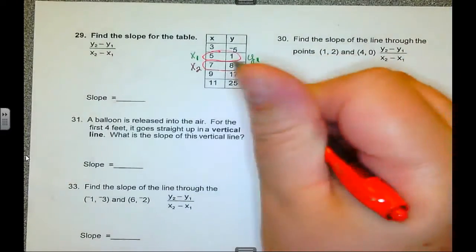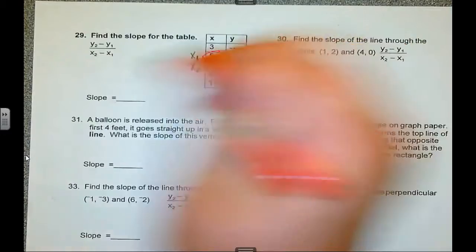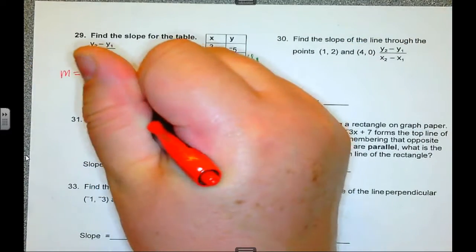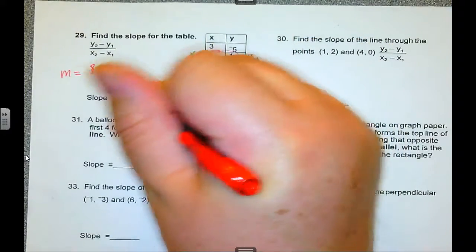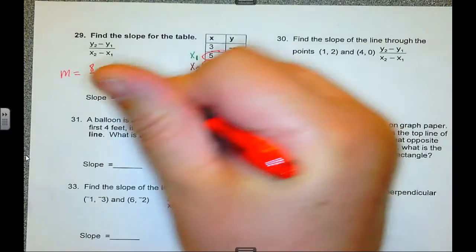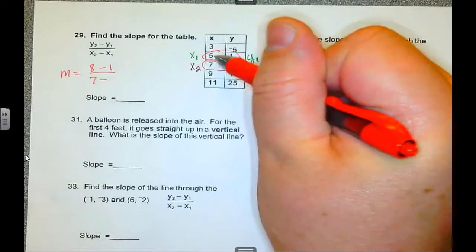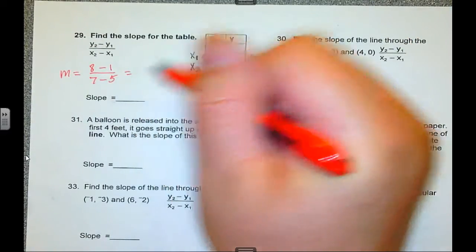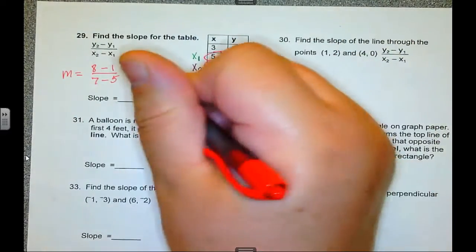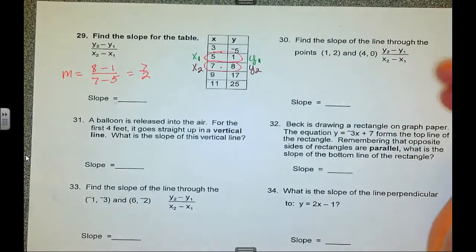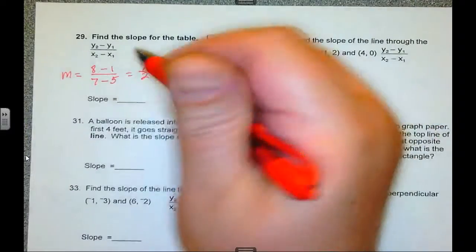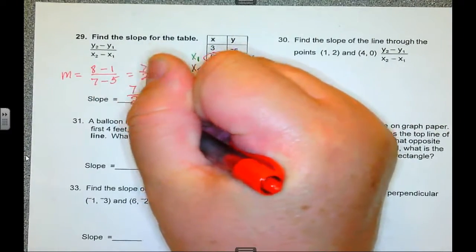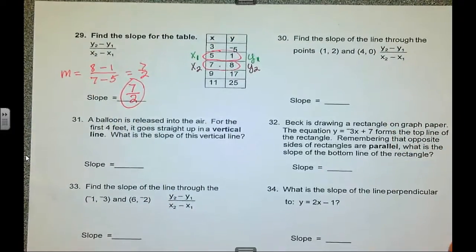So I've got my slope is going to equal 8 minus my y1, which is 1, over my x2, 7, minus my x1 is 5. 7 over 2. Guys, simplify it. There's still a lot of you not simplifying your fractions. Make sure it's simplified.